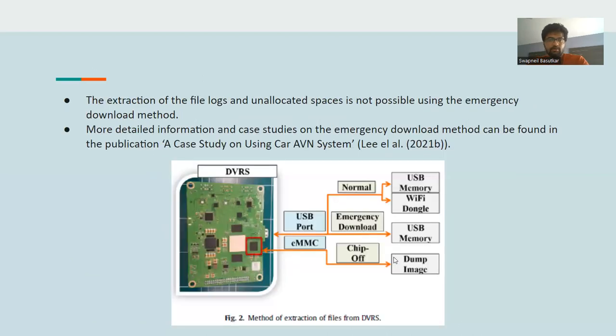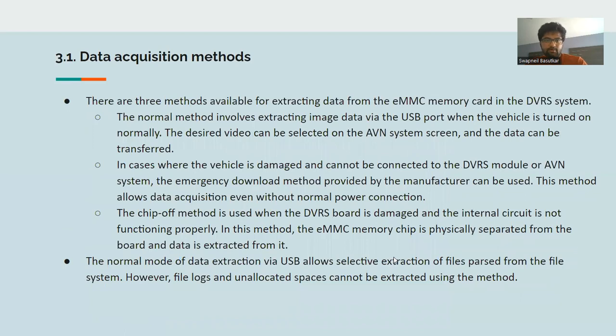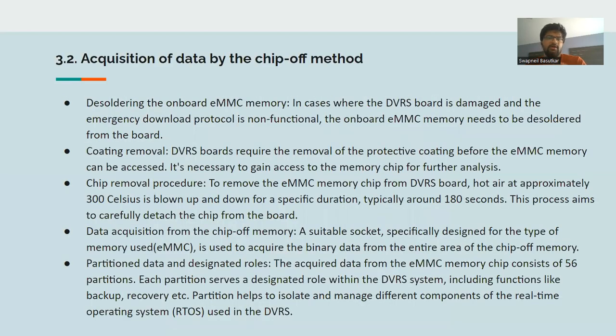So the next one that we are seeing is the acquisition of data by the chip-off method, which is our focus here. What happens is desoldering the onboard eMMC memory. This is the first step. In cases where the DVR board is damaged and the emergency download protocol is non-functional, the onboard eMMC memory needs to be desoldered from the board.